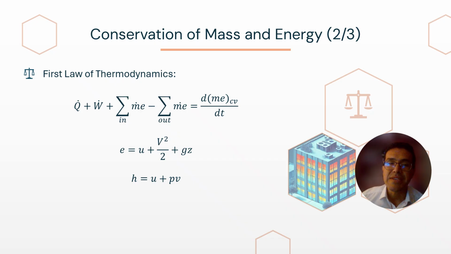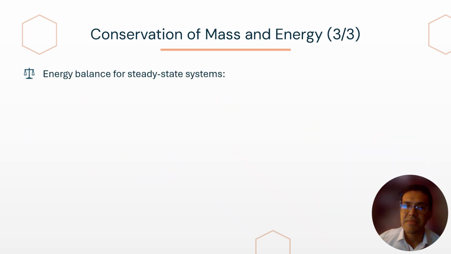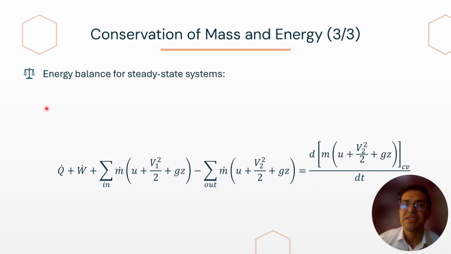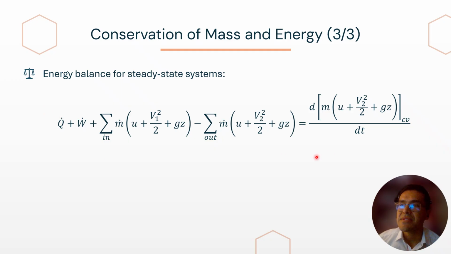The flow work is combined with the internal energy as the enthalpy that we see here. The general unsteady flow and steady state energy balance relation for a control volume expressed in terms of the various components is here.